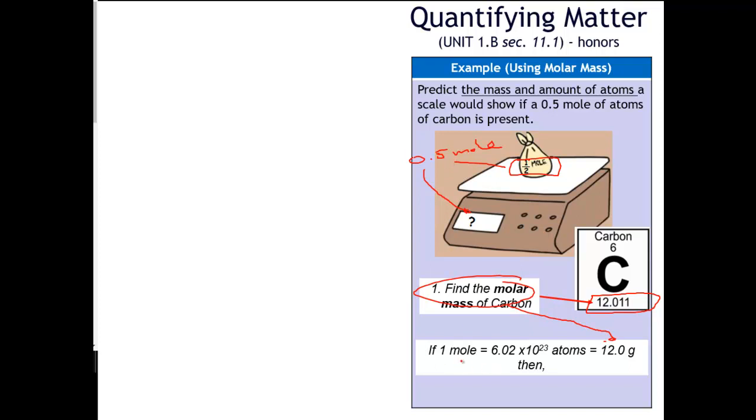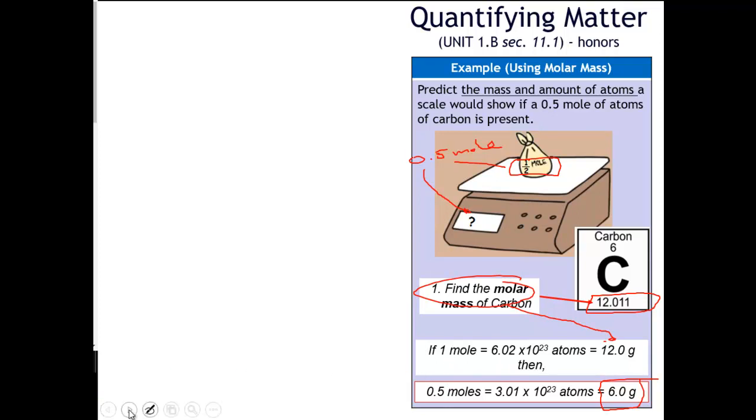So if 1 mole is this many atoms, which is that much mass, then my scale should read something much less. It should read half a mole, which is 6 grams. This is what the scale should read, because 6 grams is going to be 3.01 times 10 to the 23rd atoms, half of this amount, because 0.5 is half of 1.